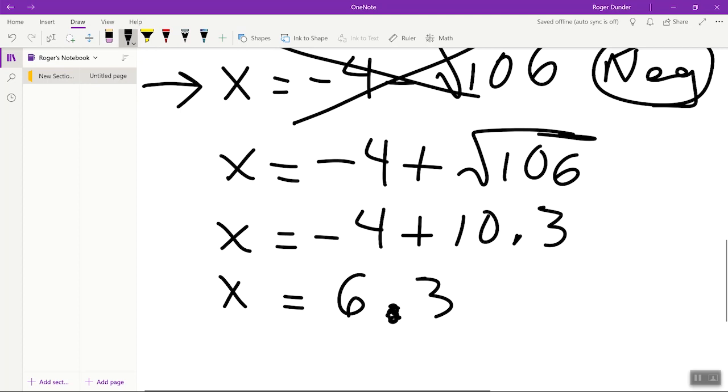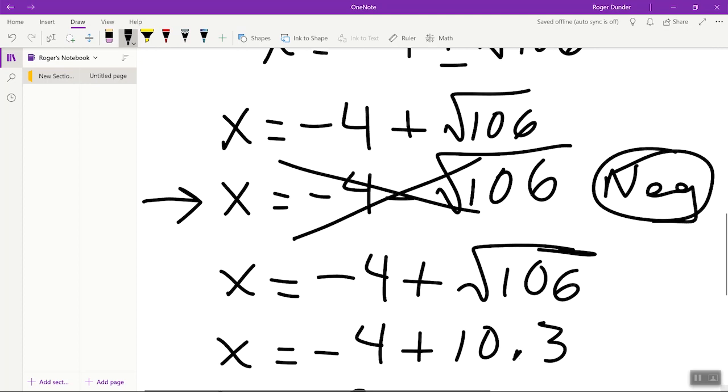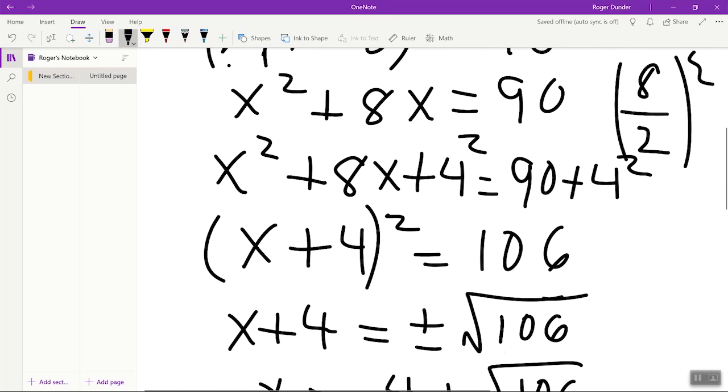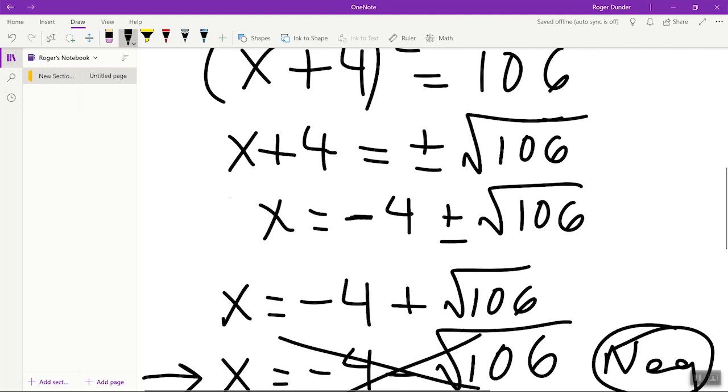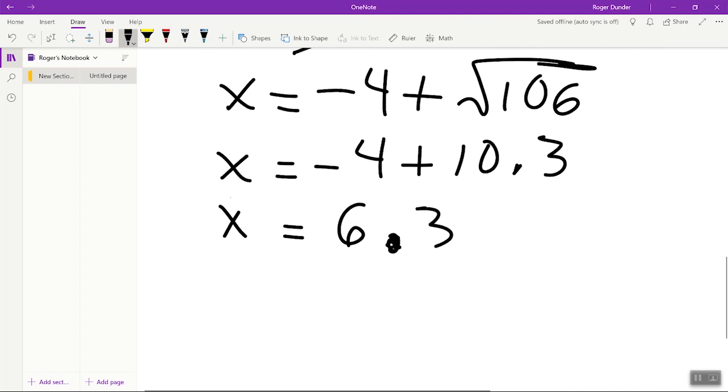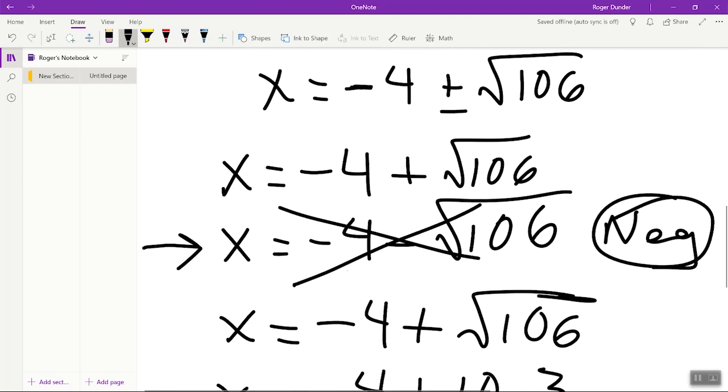And what are the dimensions here? 6.3 what? 6.3 miles, 6.3 liters, 6.3 what? The area was 45 square inches. Therefore, we're talking about 6.3 inches. And you could check yourself out.